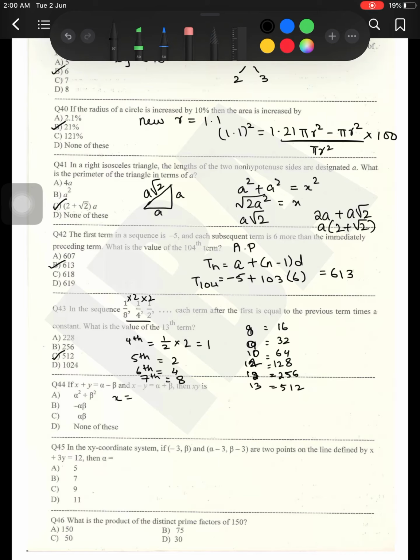This next question he's asking about x and y. So x is equal to this minus y. So x minus this plus this, sorry.